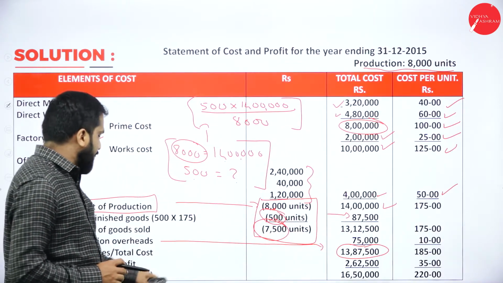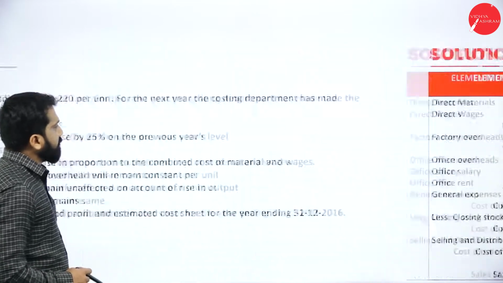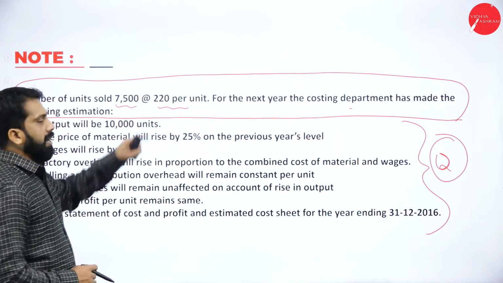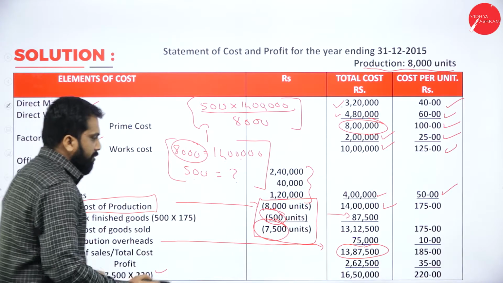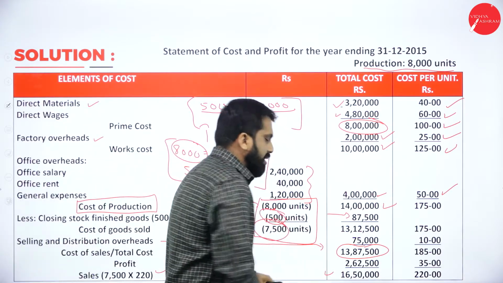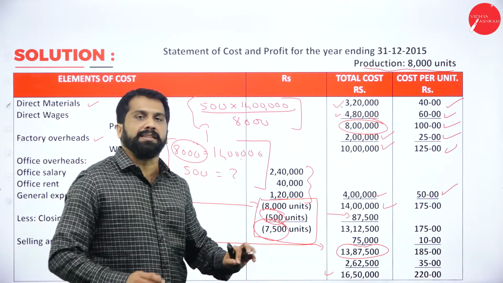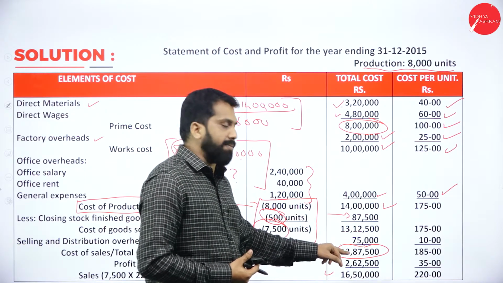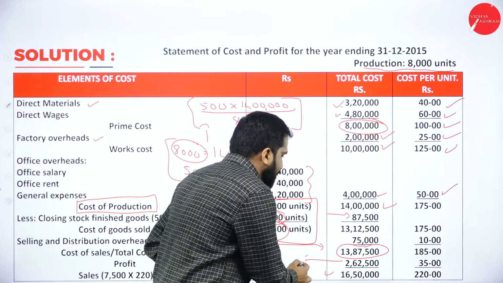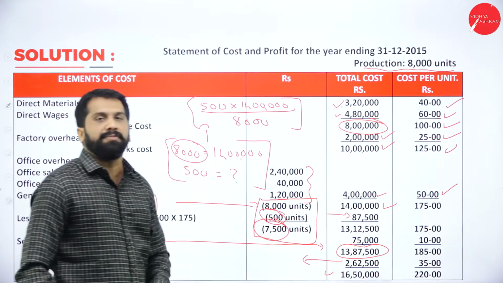Why? Because sales is already given. It is 7,500 into 220. Now, 7,500 into 220, you will get 16 lakh 50,000. Now, 16 lakh 50,000 minus 13 lakh 87,500, you got the answer, 2 lakh 62,500.